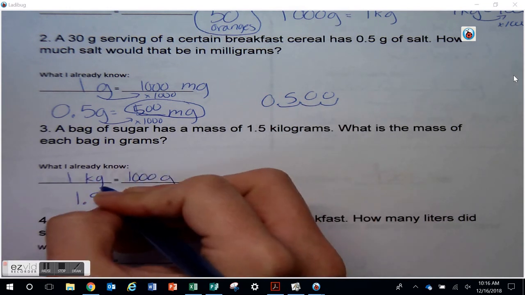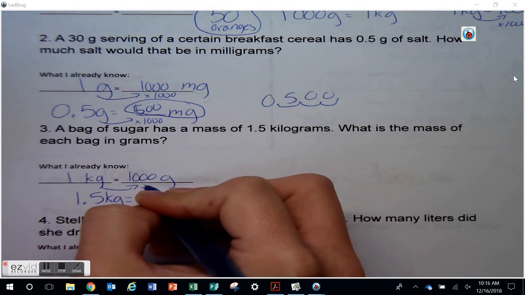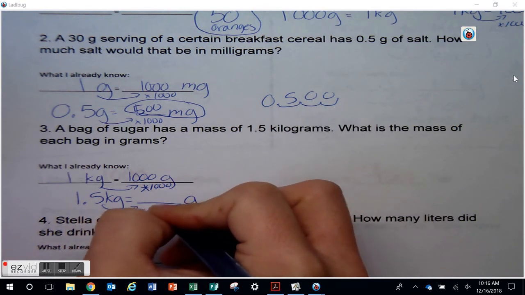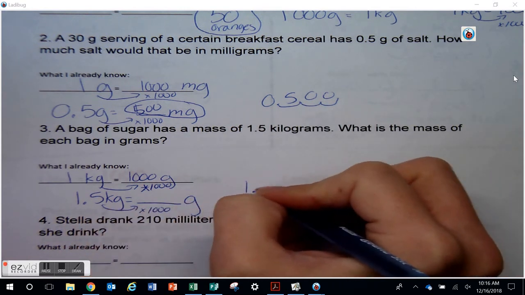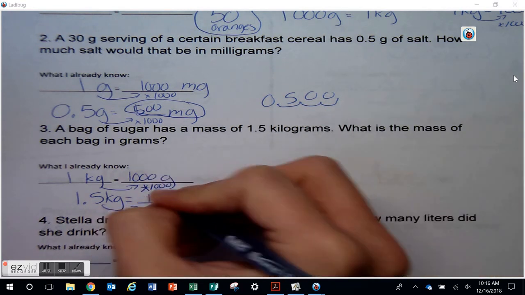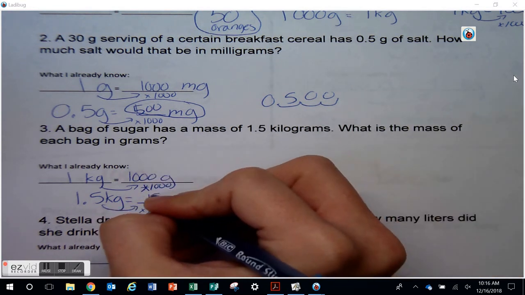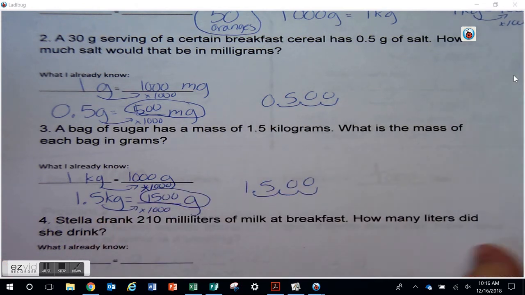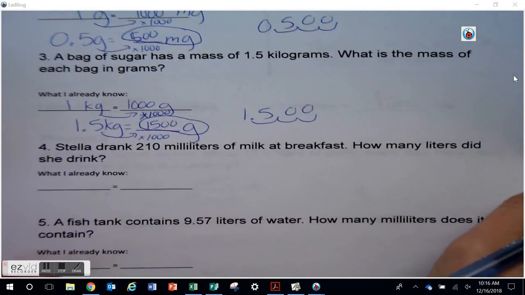So I know I can multiply by 1,000, and that means I'm going to get bigger by 3 place values. So 1 5/10 kilograms equals 1,500 grams. That's how much would be in each bag.